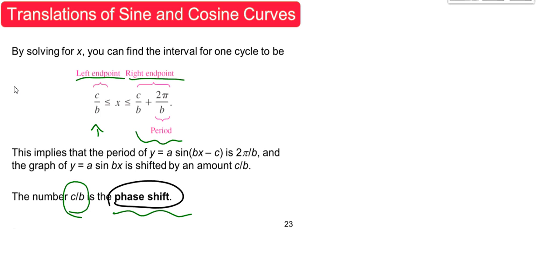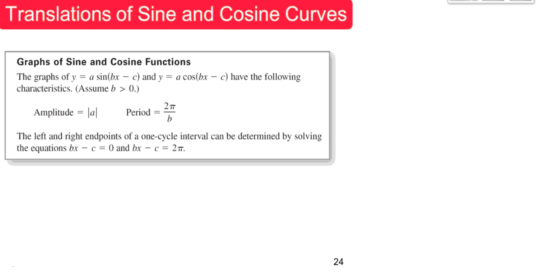And so now our next little box of information says graphs of sine and cosine functions. The graph of y equals a sine(bx minus c) and y equals a cosine(bx minus c) have the following characteristics.